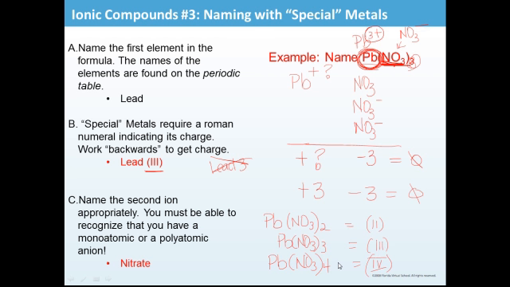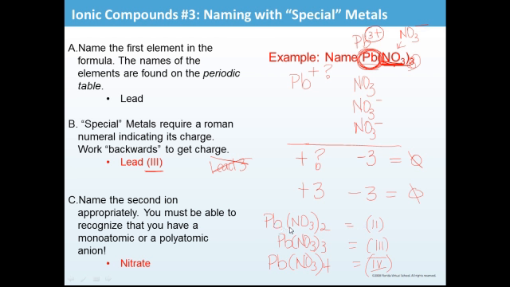That is why with the special metals we use a Roman numeral, because there are times where you can have multiple formulas that are very similar, but chemically speaking they're very different. We cannot call all 3 of these lead nitrate, so scientists decided to use the Roman numeral of the metal's charge.